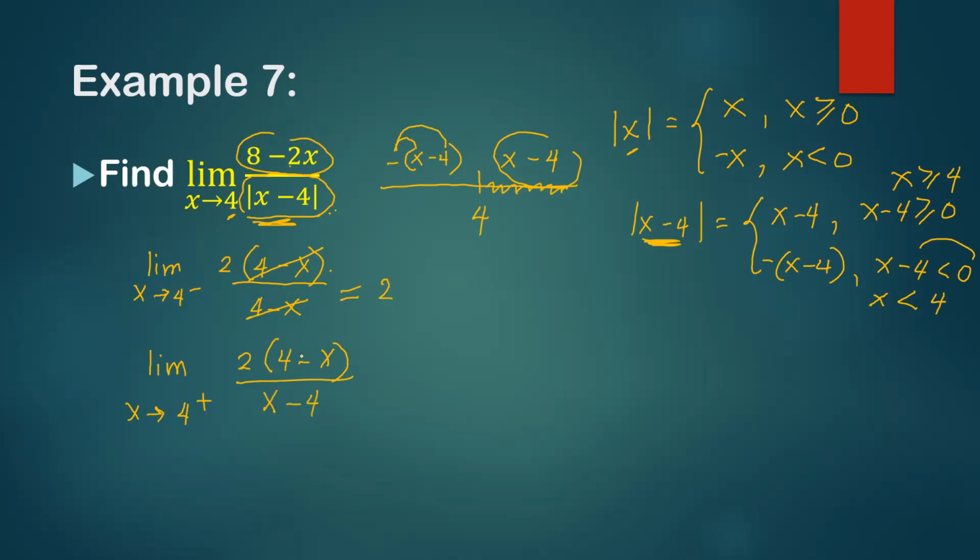Now if we divide this and this one, the fraction becomes negative 1, or approaches negative 1 as x approaches 4 from the right. So we have 2 times negative 1. Therefore, this is negative 2. So we see these are not equal. So the limit as x approaches 4 of this original function does not exist.